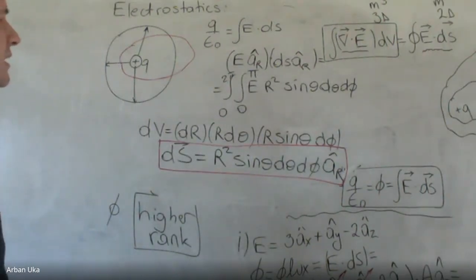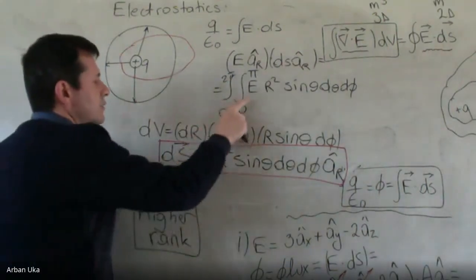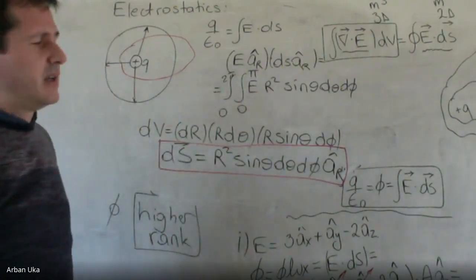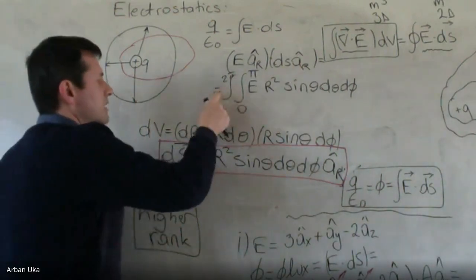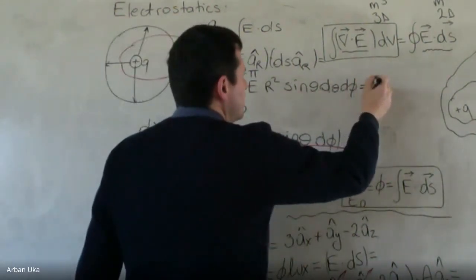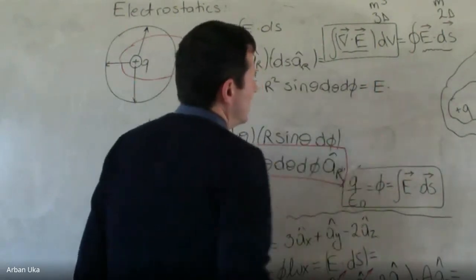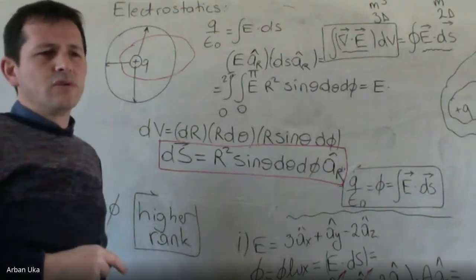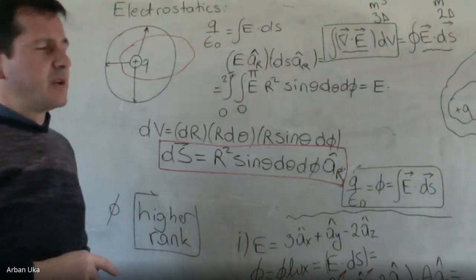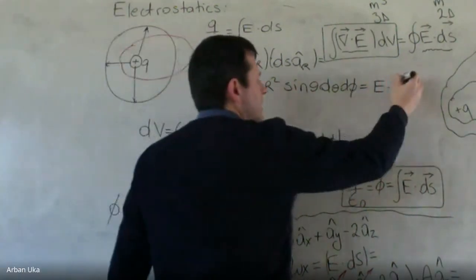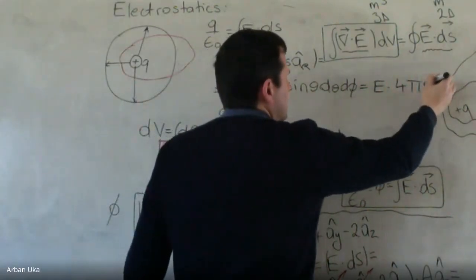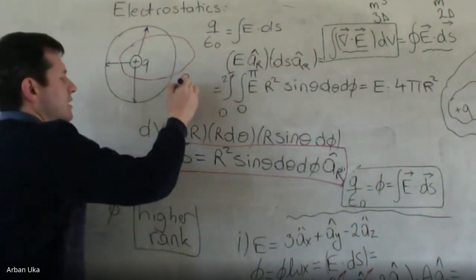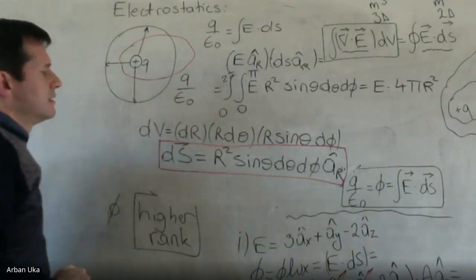So if we take this integral, first of all, we can see that this electric field is constant for constant R. Electric field is a constant, so we can take it out of the integral. So this whole thing can be equal to E times, and we know that the integral over the surface area of the sphere is going to be equal to 4 pi R squared. That's what we know. And from the other side, we have the charge that we are considering over epsilon 0.